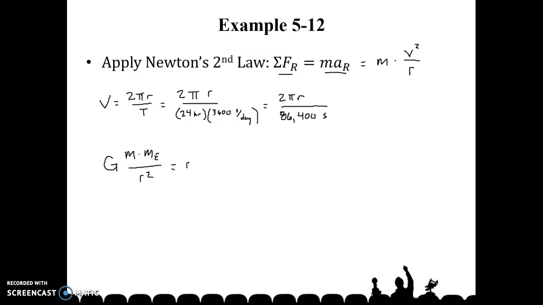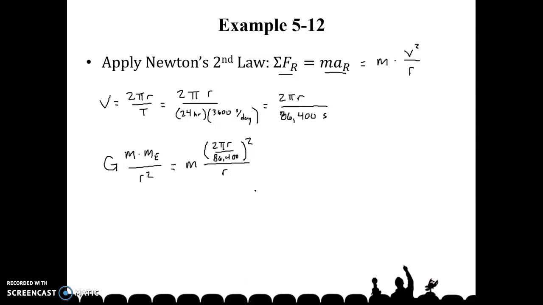That's going to have to equal the m v squared over r centripetal force. And our velocity, we said, was 2 pi r over 86,400. And we have to square that and divide it by r, the radius.